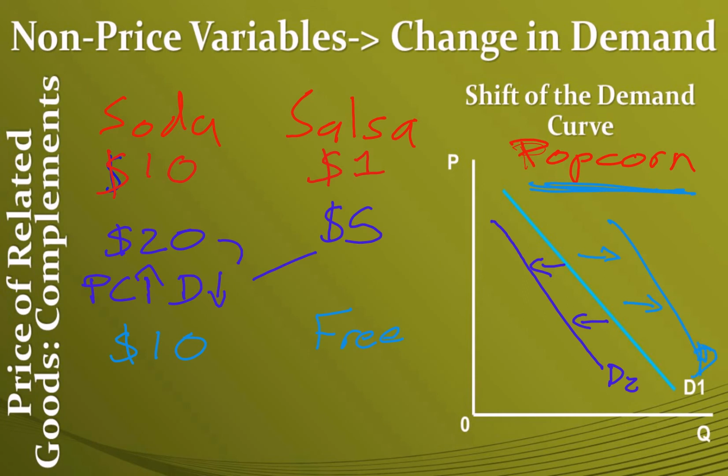My demand curve will shift to the right. So if the price of the complement drops or decreases, demand of my original product will increase.